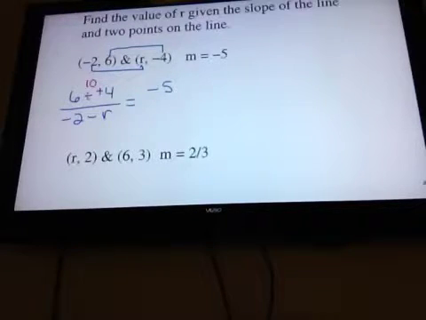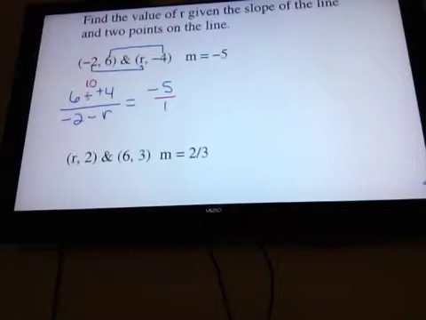Negative 5 needs to be written as a fraction so that you can see how this works. So I write that as what? Negative 5 is a fraction. How do I make that a fraction? Negative 5 over 1. Just put a 1 down there.